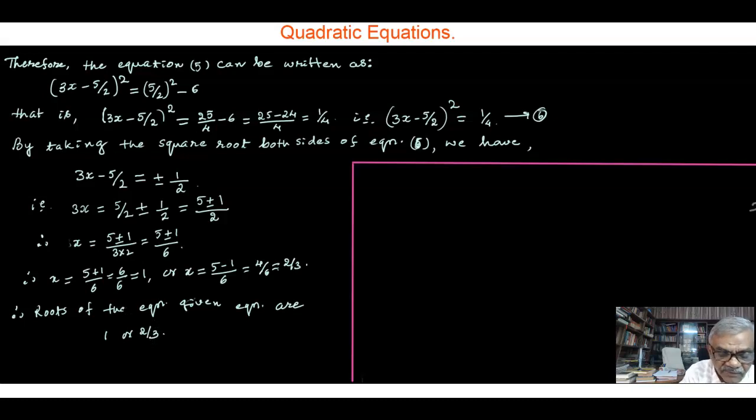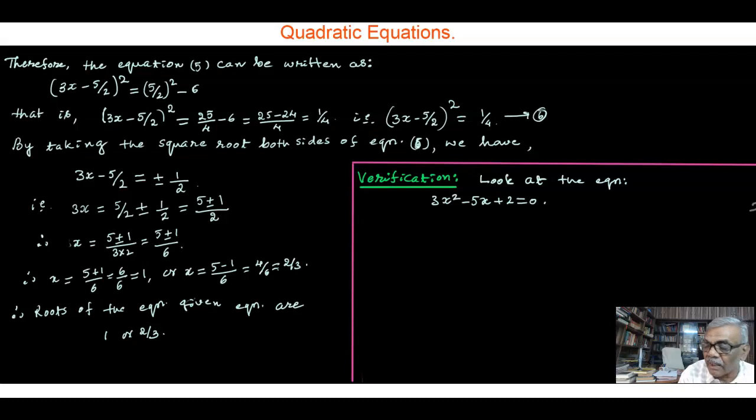And we can verify these roots by verification. Look at the equation 3x square minus 5x plus 2 is equal to 0. If you take x is equal to 1, that is 3 into 1 square minus 5 into 1 plus 2, which is 3 minus 5 plus 2, equal to 0, and therefore x is equal to 1 is a root.